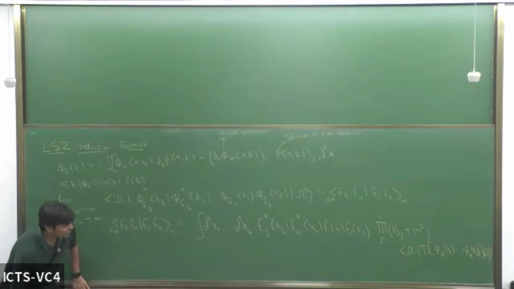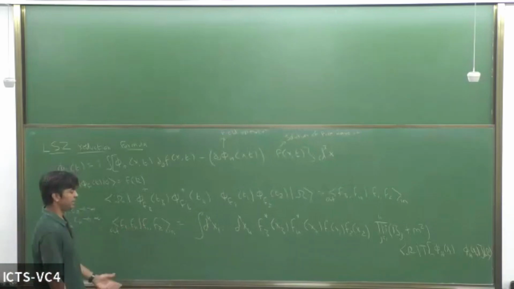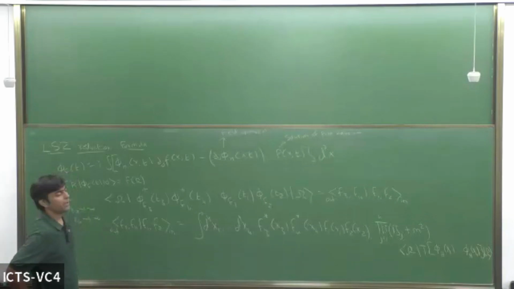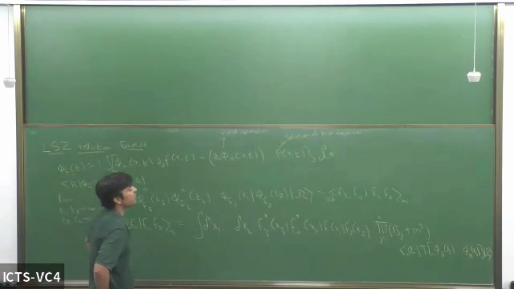Okay. So now, when you look at this for the first time, it might seem that this is a mysterious proposal. What does this mean? However, if you think about it in momentum space, you'll see that it's not that mysterious. Because what is this in momentum space?